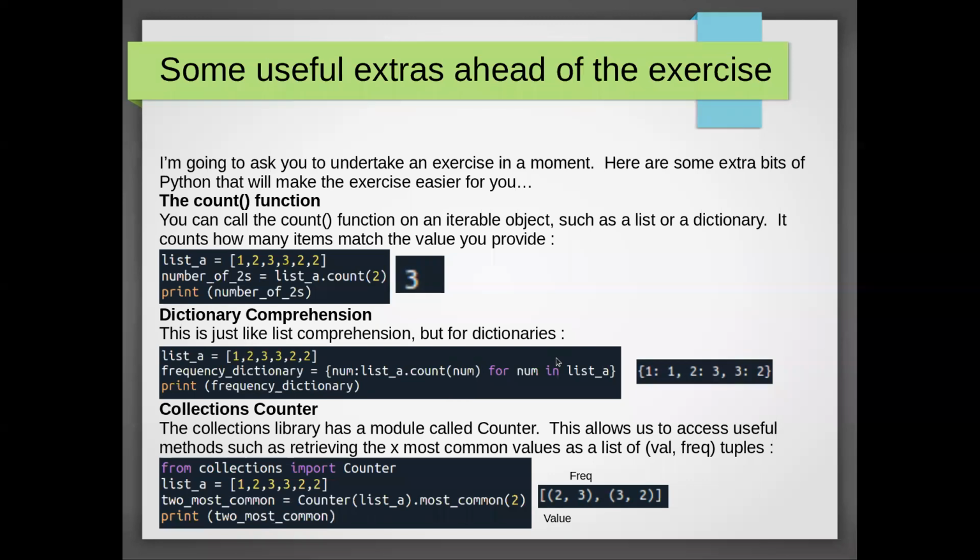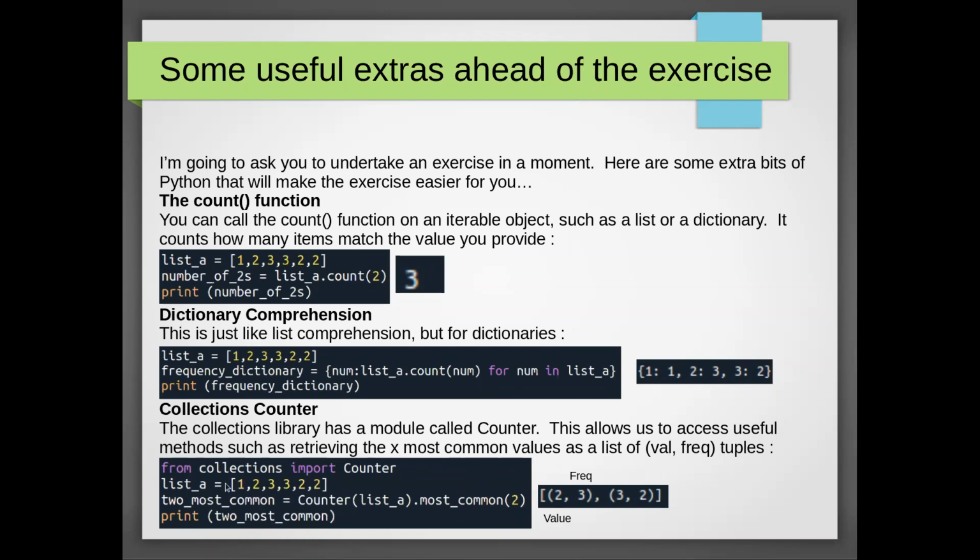And the last thing that will hopefully prove useful for you is the collections counter. So there's a library called collections, and it's got a module called counter within it. So we can say from collections import counter. This is a really useful module because it allows us to do stuff like retrieving the X most common values within a particular list as a list of value frequency tuples.